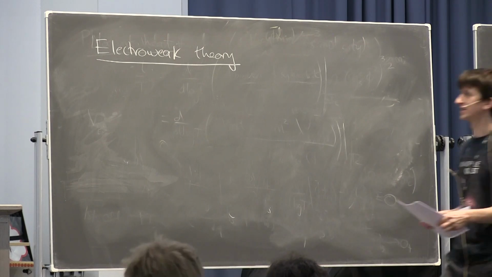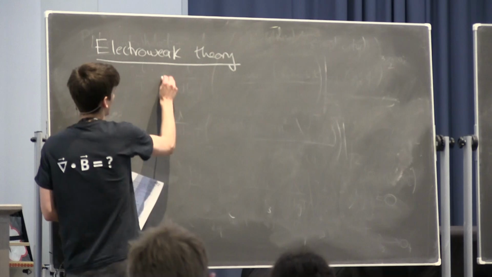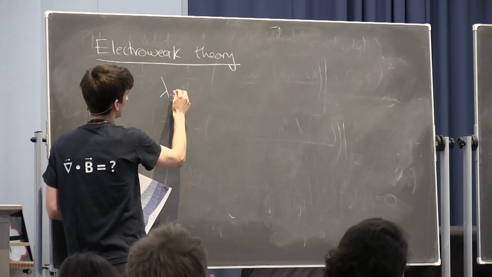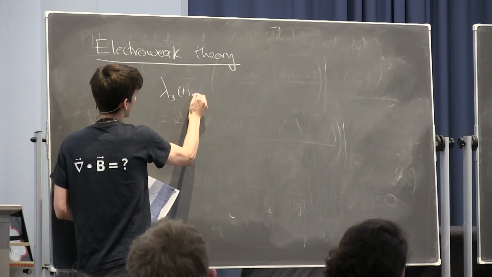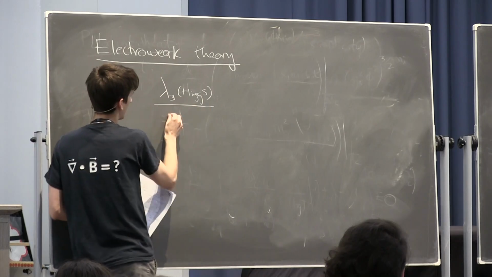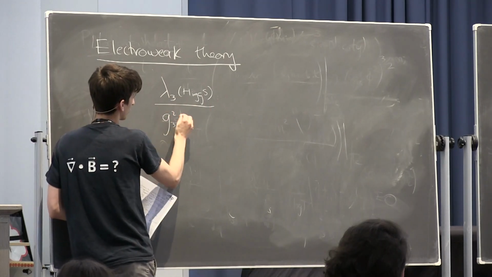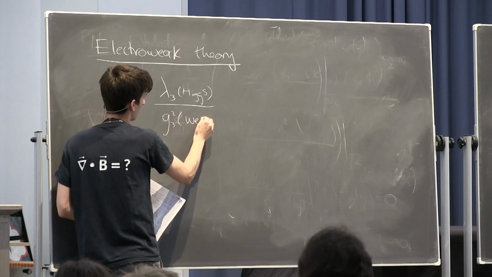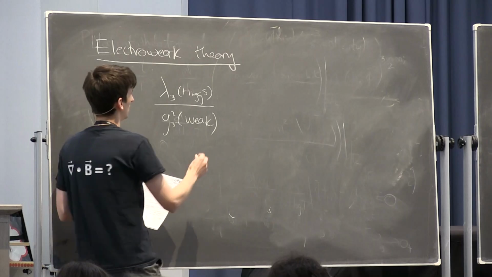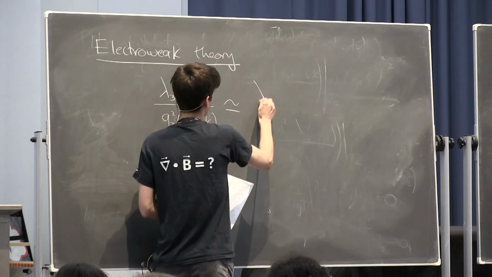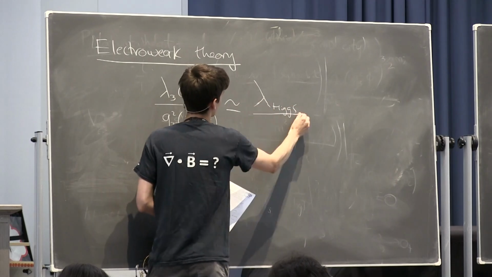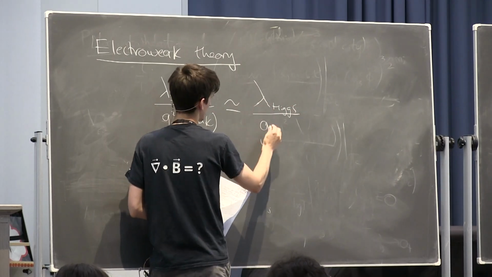So the relevant quantity in the electroweak theory is lambda 3 for the electroweak Higgs, the actual Higgs, divided by G3 squared for the weak gauge group. And this is just approximately lambda Higgs divided by g weak squared.